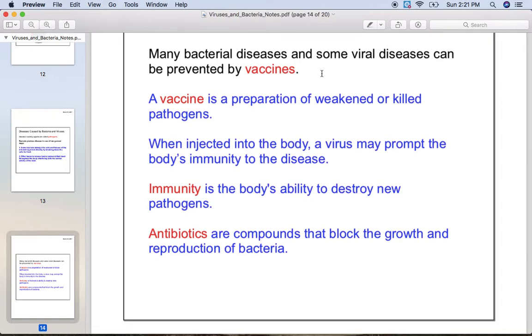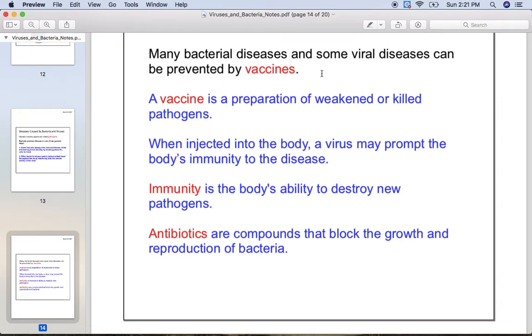Polio was my generation's new vaccine, so none of us had to have polio. But a vaccine is a preparation of weakened or dead pathogens, and they inject that into your body, and then your body builds up an immunity to it. So in case you ever come in contact with that pathogen, your body already has defenses built up and you won't get sick.